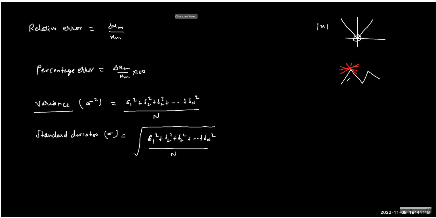Because you fail to draw a unique tangent, you fail to have a unique derivative. So dy by dx becomes undefined here, isn't it? So every corner in a graph we say is non-differentiable. And therefore, if a function is non-differentiable, can we do maxima minima? No, we cannot do maxima minima.